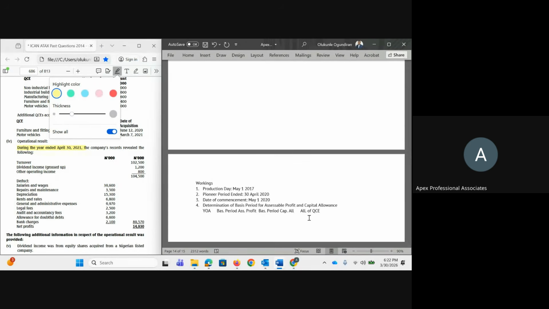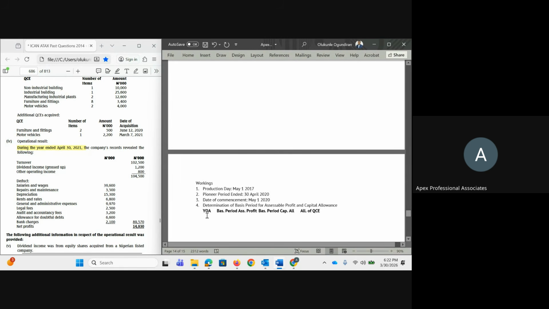So we can do all of them all at once. I'm sure for you, what I'm doing is not strange because we've done all of this, and I was dealing with capital allowances, right? But in case you missed that class, you may want to refer to our previous classes on basis period, capital allowance, and loss relief.